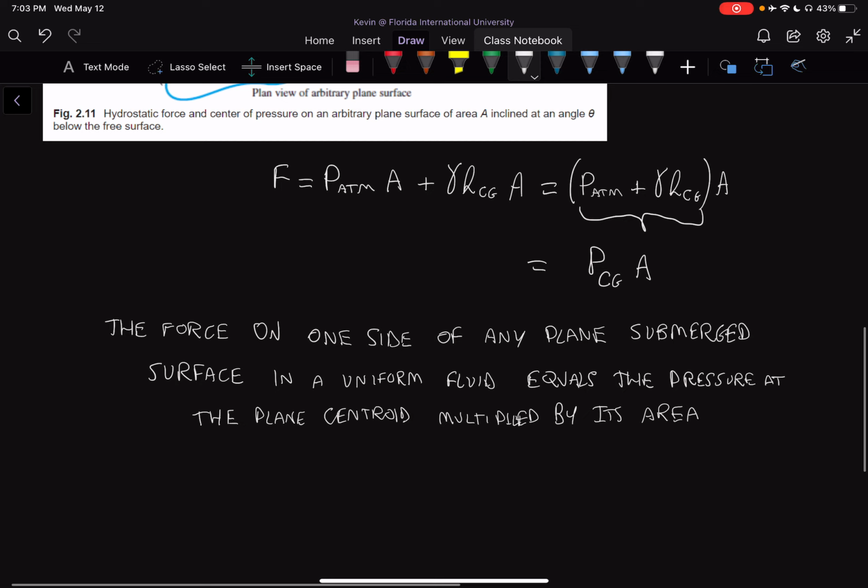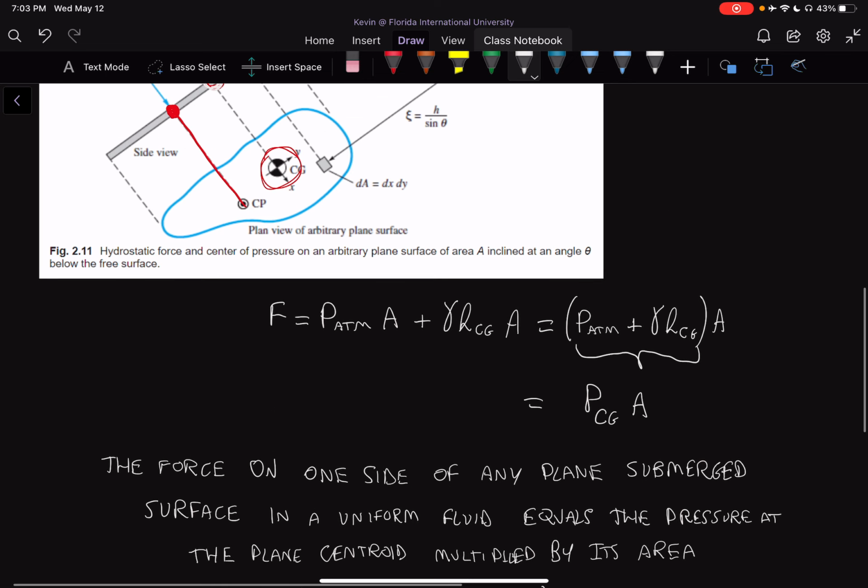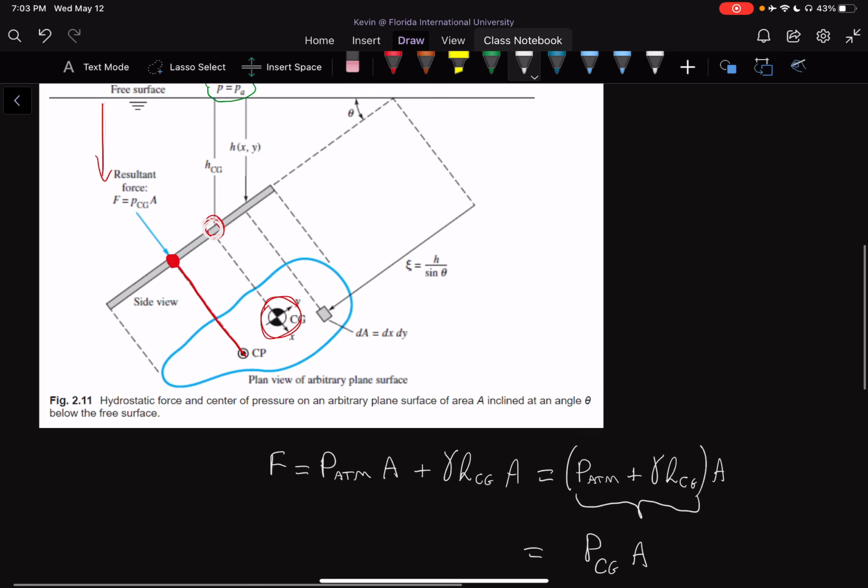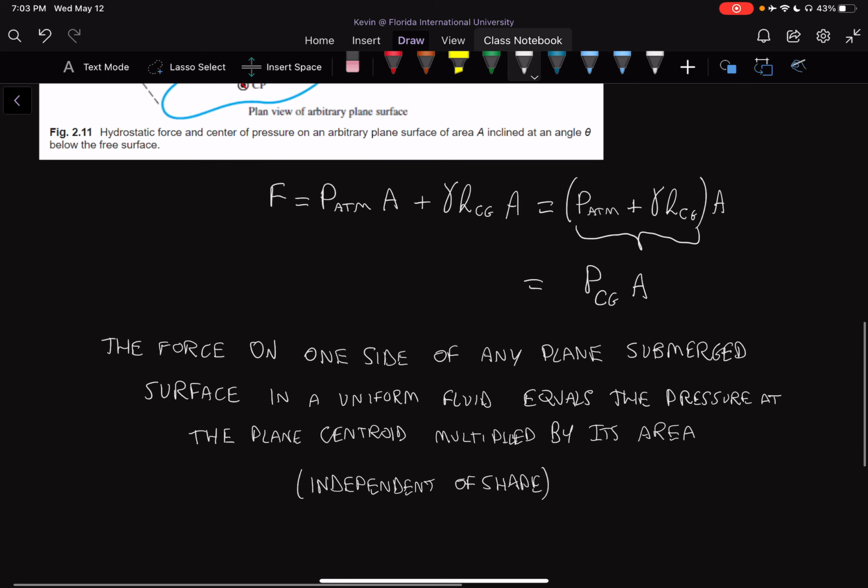And this is independent of shape. So essentially what we're saying is that the force on a plane is just equal to the pressure at the centroid multiplied by its area.